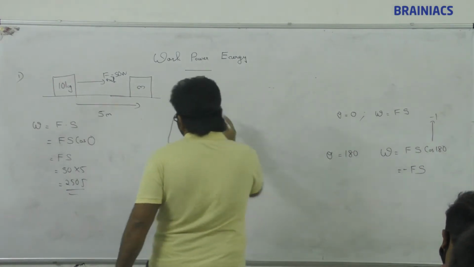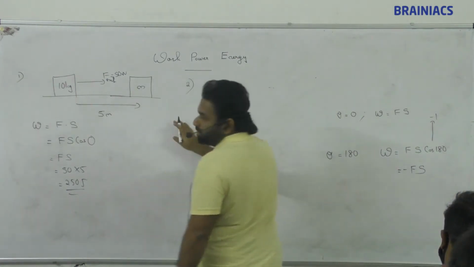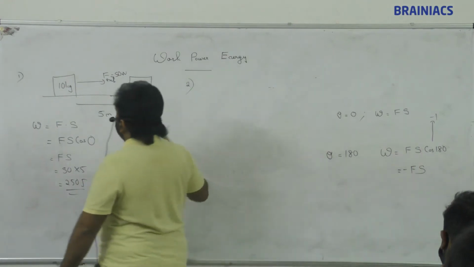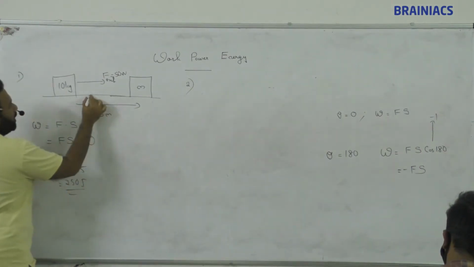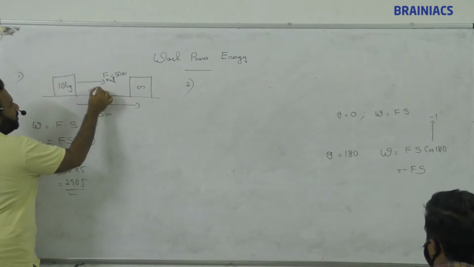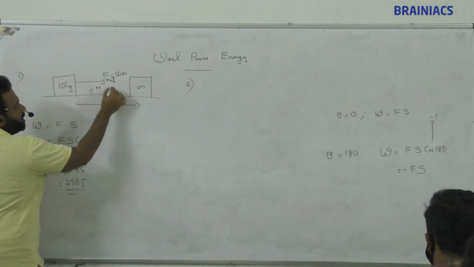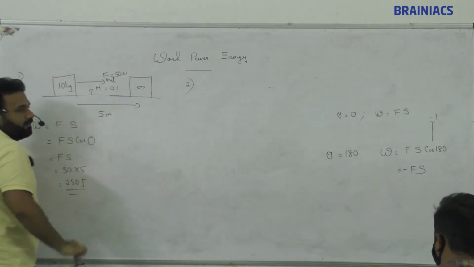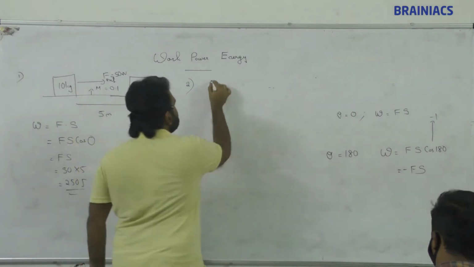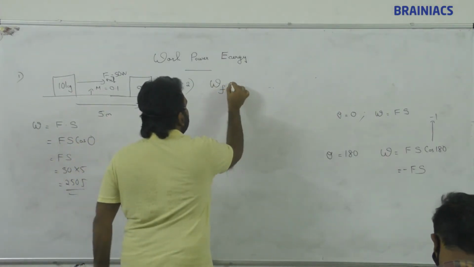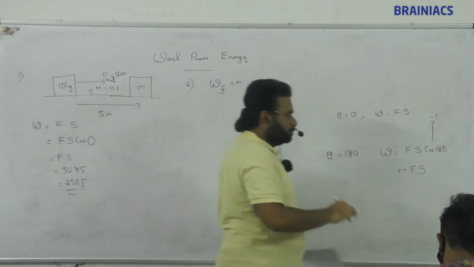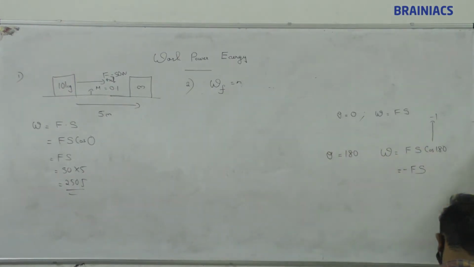Suppose same question, same situation. Here mu is equal to 0.1 is given. Then what is the work done by frictional force? What is the work done by frictional force?